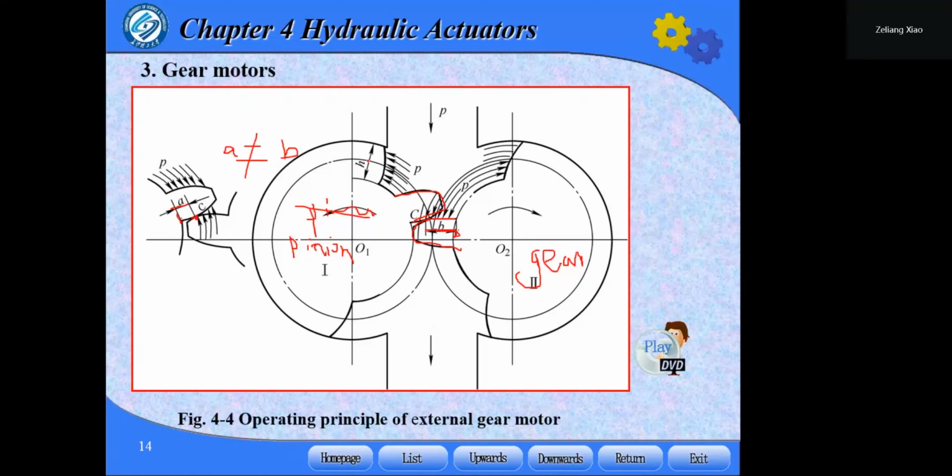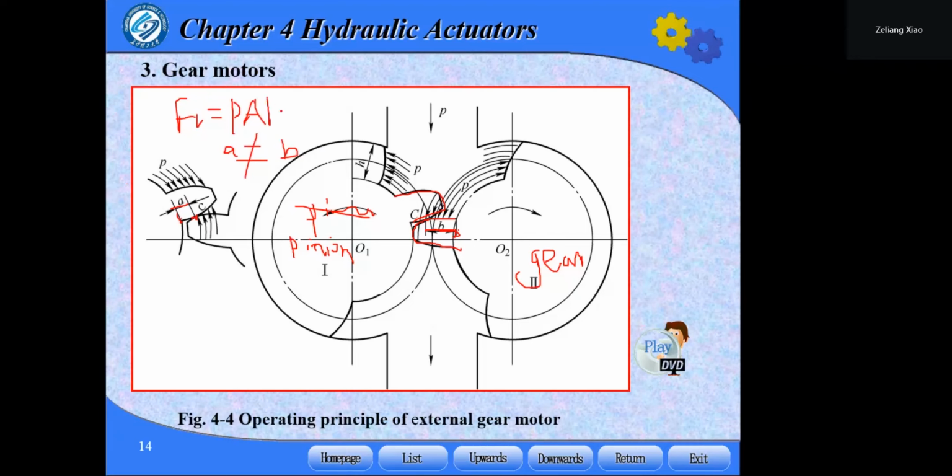The force on gear one is the pressure multiplied by the area.